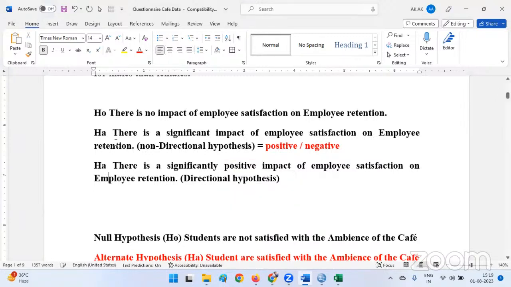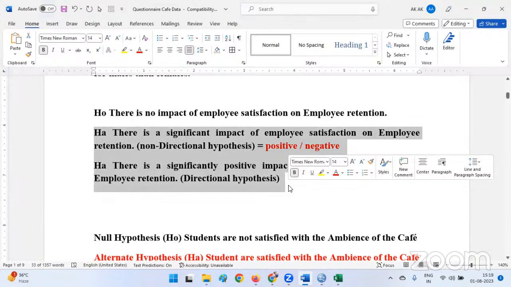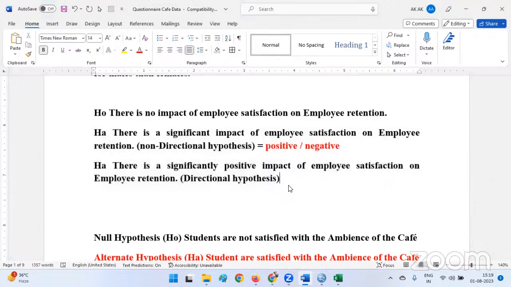Either I will keep this or this, any one of these two. I cannot keep both of them because there is no sense in keeping both. Similarly, like the impact of advertising on sales and impact of promotional strategies on sales.